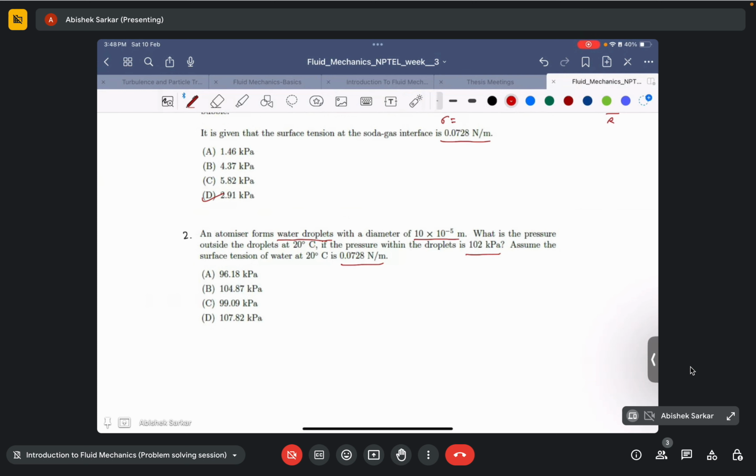What is being asked? Sir, the outside pressure. Okay, since you already know what to find, can you please solve it? I guess it's very simple now. Yes, sir. In this case it is a water droplet instead of a bubble, so you need to use the appropriate formula again. Use that and tell me what should be the outside pressure.